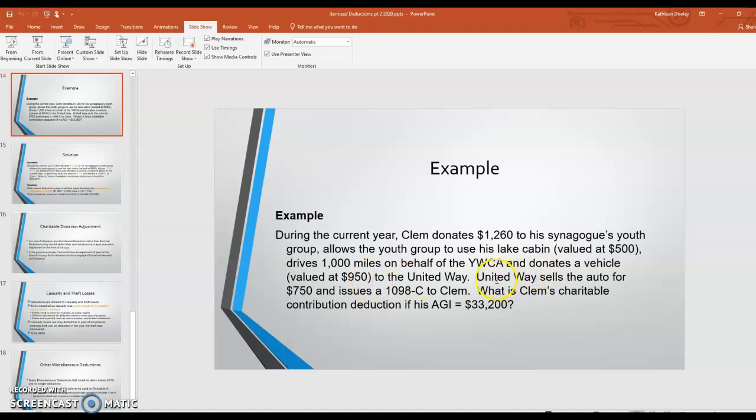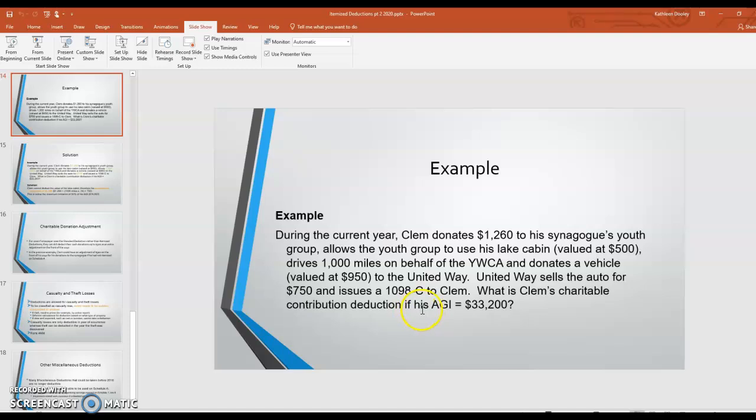But if United Way is not using the vehicle for their own people, then he has to wait until they sell the car and issue this 1098-C for however much they sold it for, and that's how much he can deduct, the $750.